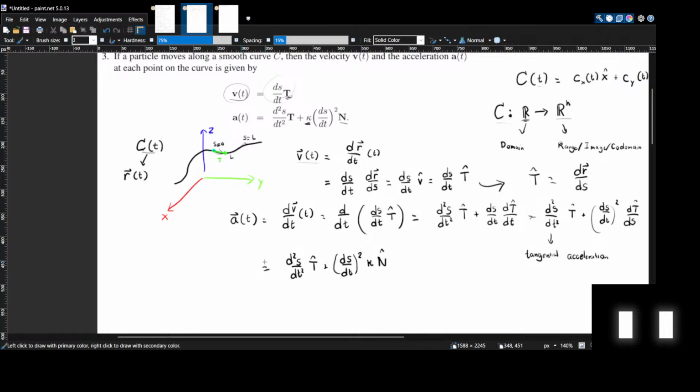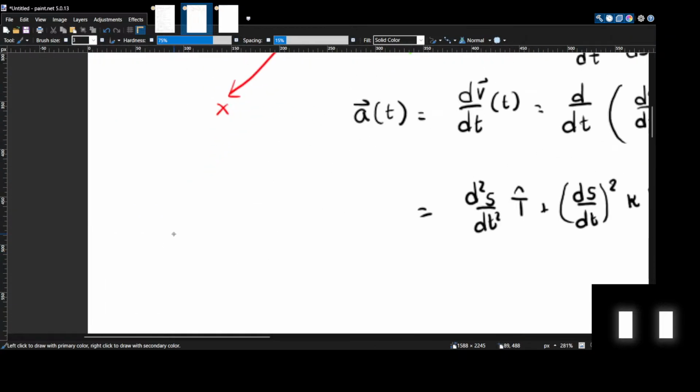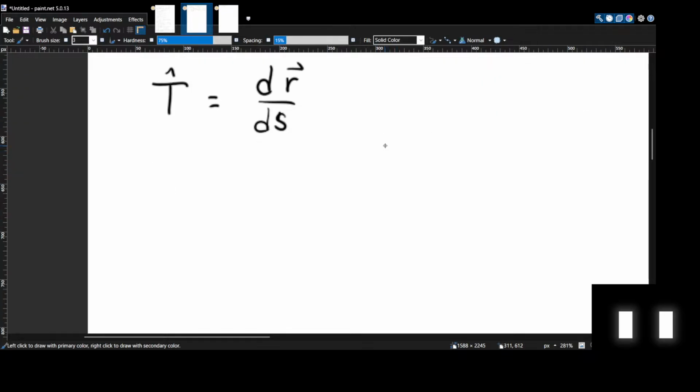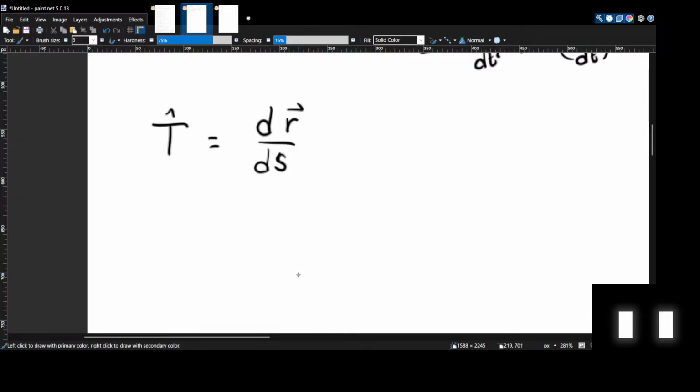So the main takeaway for this question is that we now have the proper definition. That is, the tangential vector is equal to the change in position divided by how much you walked along it. It's just the direction that the curve is going in.